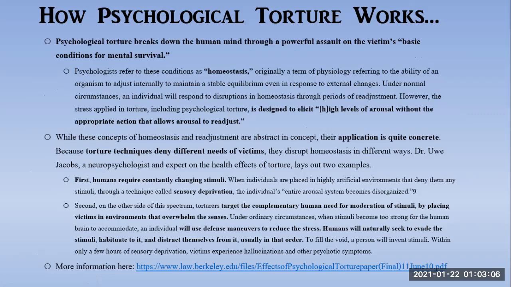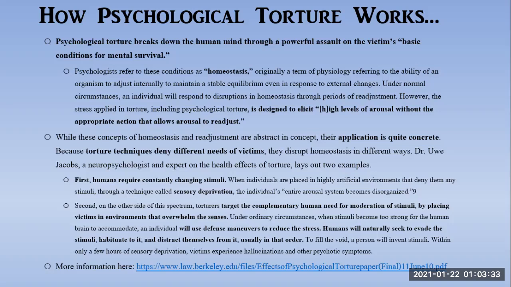Psychological torture breaks down the human mind through a powerful assault on the victim's basic conditions for mental survival. Psychologists refer to these conditions as homeostasis, originally a term of physiology referring to the ability of an organism to adjust internally to maintain a stable equilibrium, even in response to external changes.